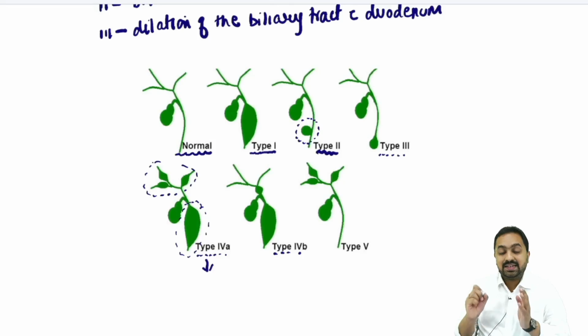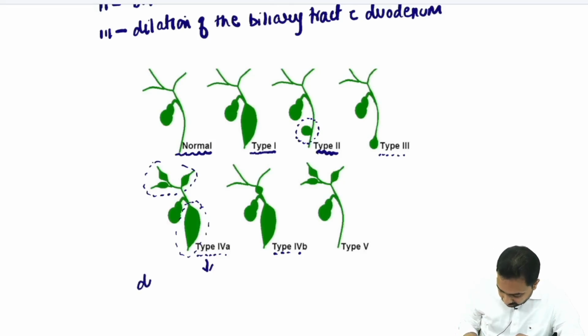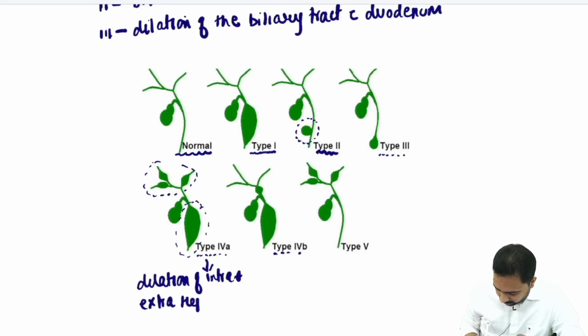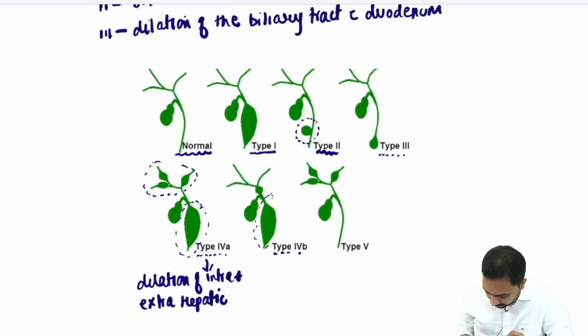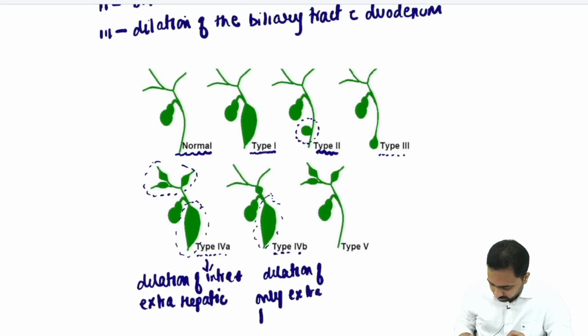So basically type 4A is dilation of intra plus extrahepatic, right? In type 4B, you can see the difference that it is only dilated at the extrahepatic, right? So this is dilation of only extrahepatic.